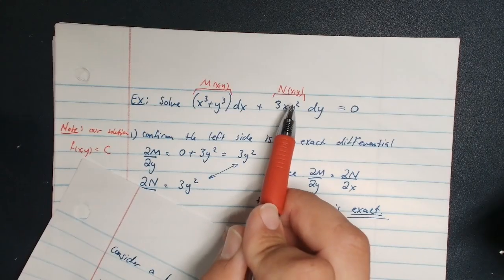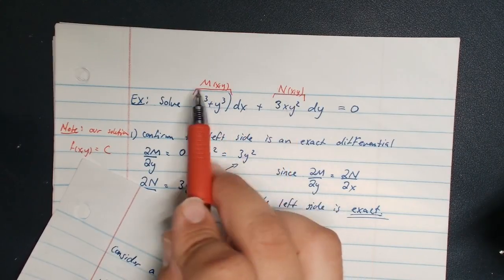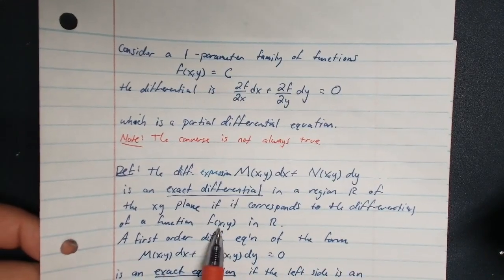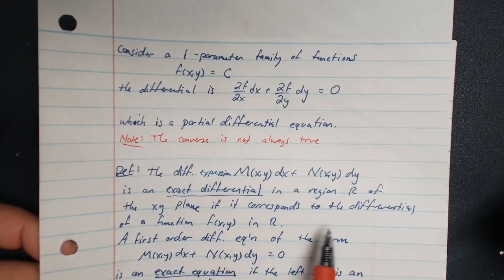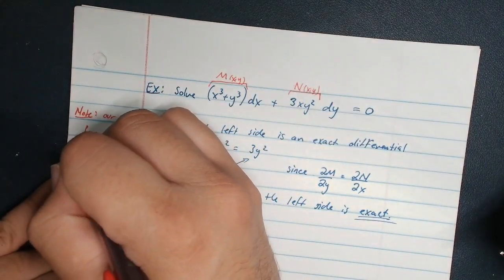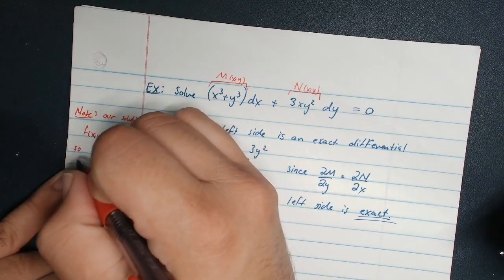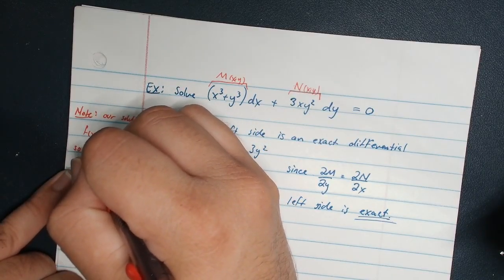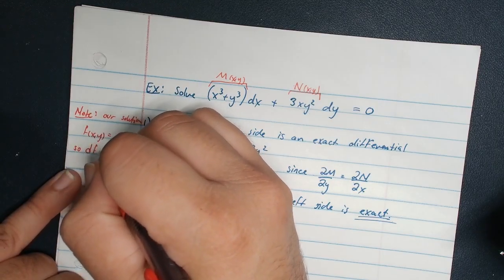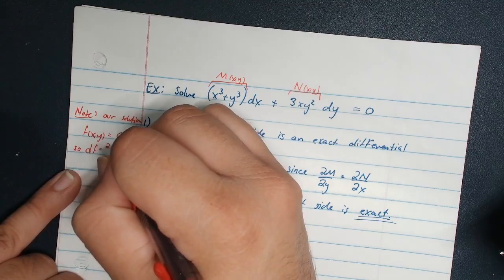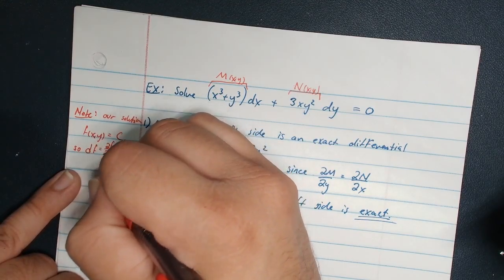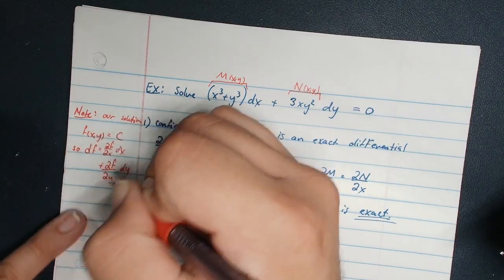This M and this N are functions. They don't come out of nowhere. They are the differential of the f that I'm looking for. Right? Okay, so what does that mean? Well, that means that if you take the differential of your f, that's going to equal the partial of f with respect to x dx plus the partial of f with respect to y dy.